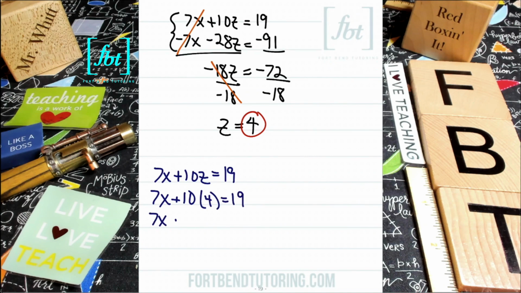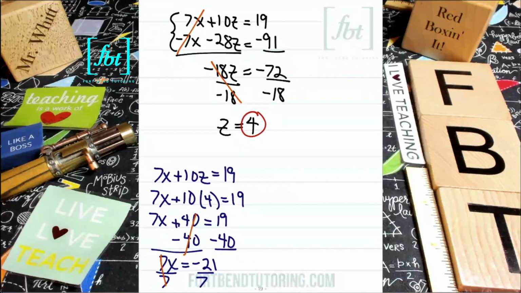Then you'll have 7x plus 40 equals 19. Subtracting 40 from both sides of the equation, our 40s will cancel out, and you'll have 7x equals negative 21. Now divide both sides by 7. Your 7s will cancel out, and simplifying, you'll end up with x equal to negative 3.